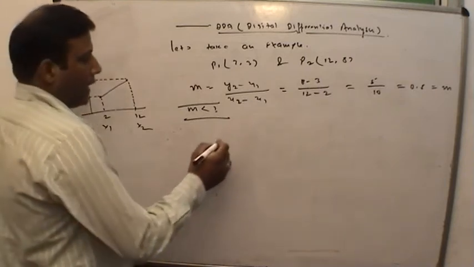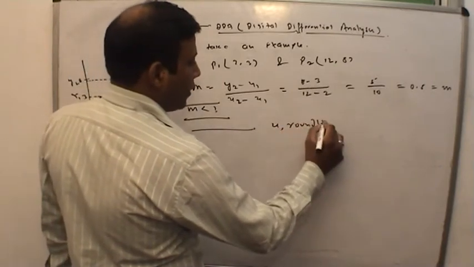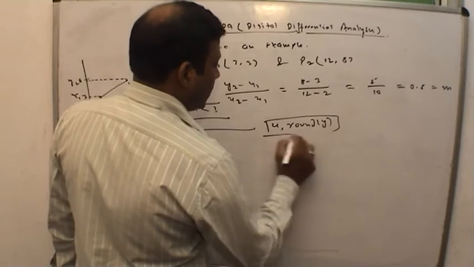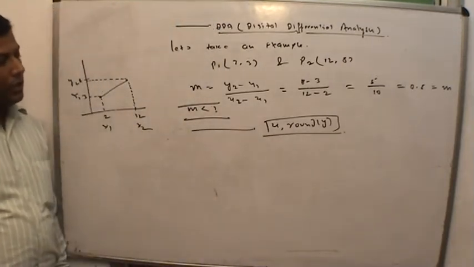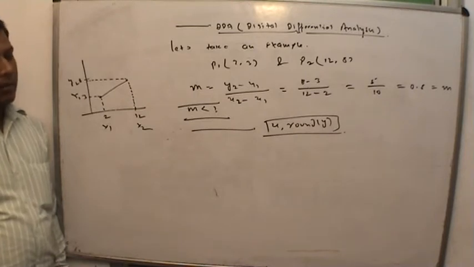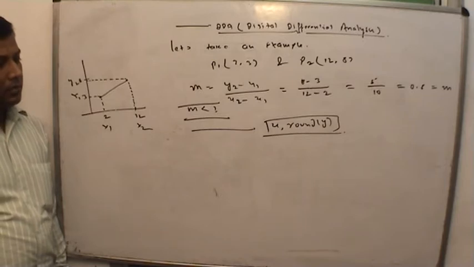So when we plot the line, we take x and round y, as we know that the algorithm works initially on floating point and then on integer point values.